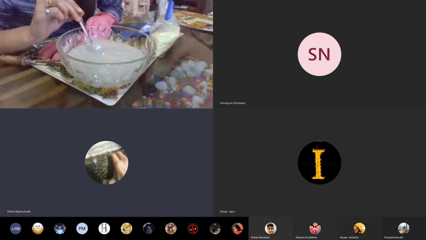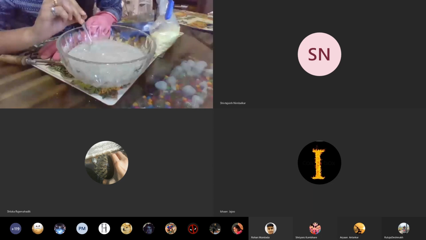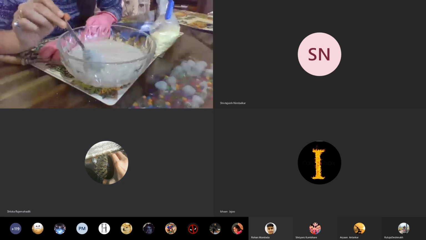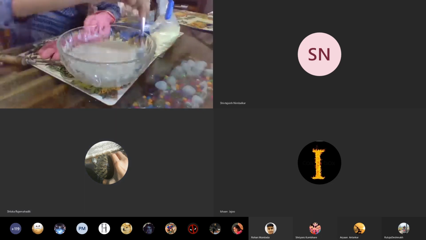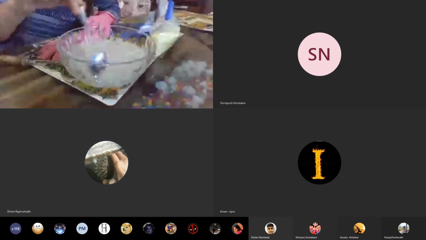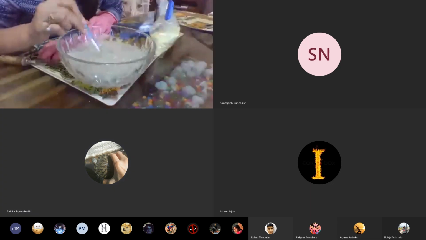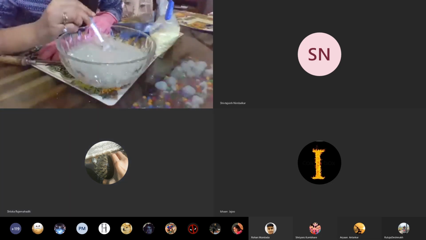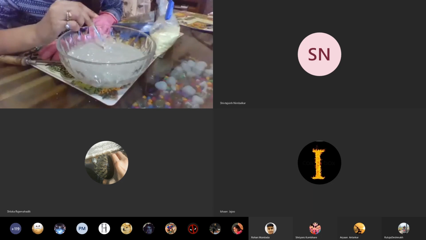Sulfur plus sodium hydroxide. Sodium hydroxide is NaOH, capital N, small a, OH. So the reaction is sulfur plus NaOH gives complex base.